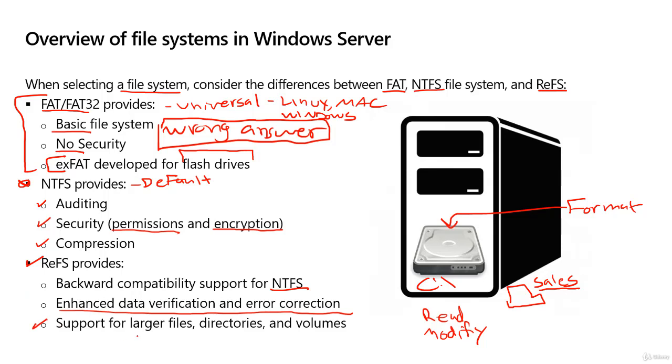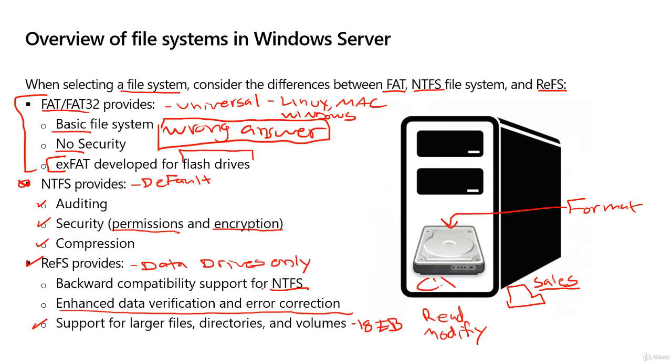And support for incredibly large files, directories, and volumes. So large, you can have a volume up to 18 exabytes in size. So this is larger than any drive you could ever purchase. Now, the most interesting thing about ReFS is that it is for data drives only.